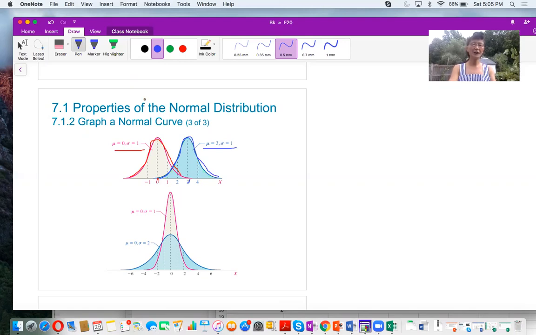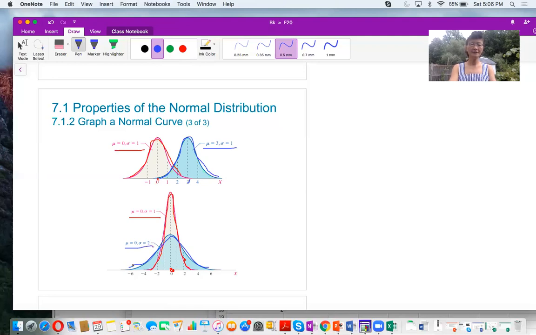Now let's look at the bottom graph. The red normal curve has mean 0, standard deviation 1. By the way, mean 0 and standard deviation 1 is called the standard normal distribution. Now the blue graph has the same mean 0, but standard deviation is 2.